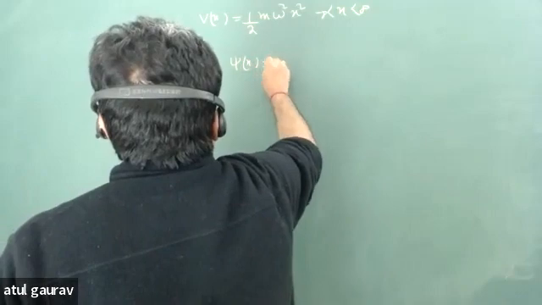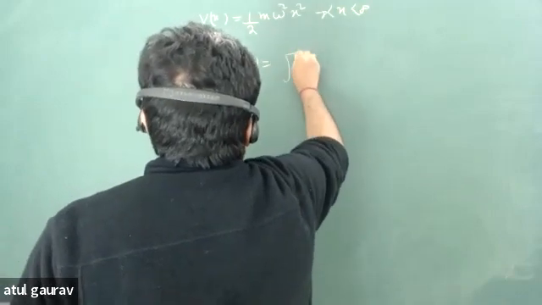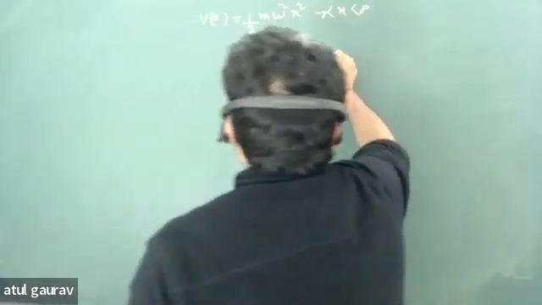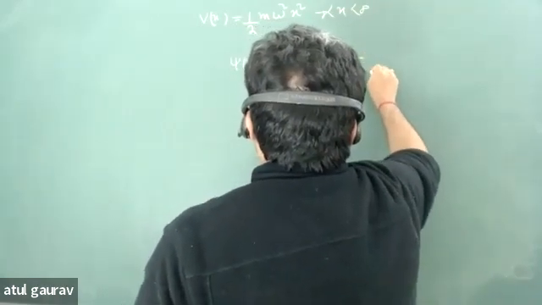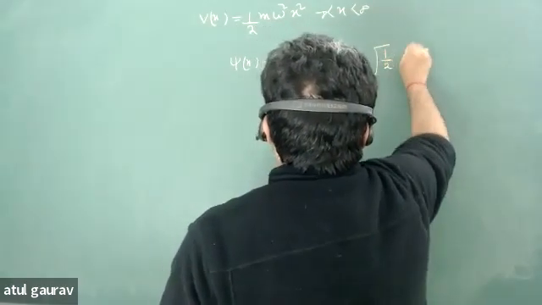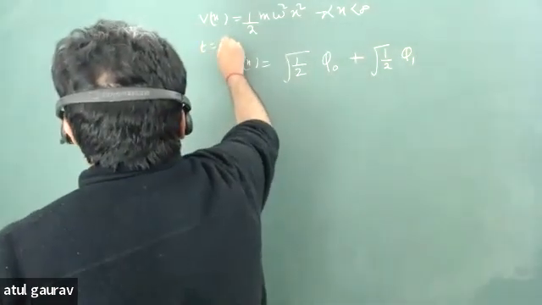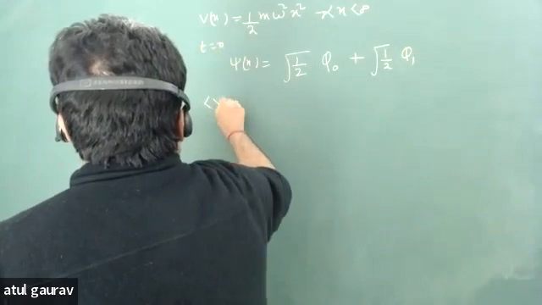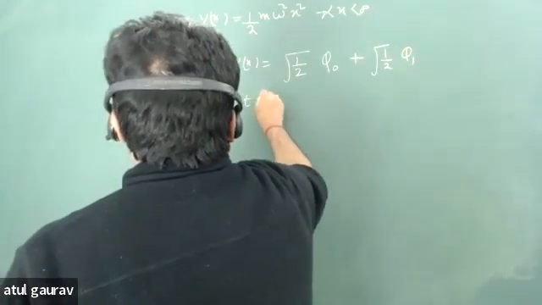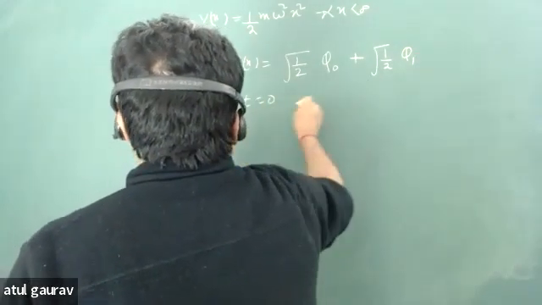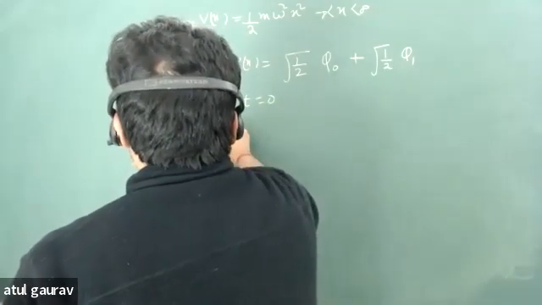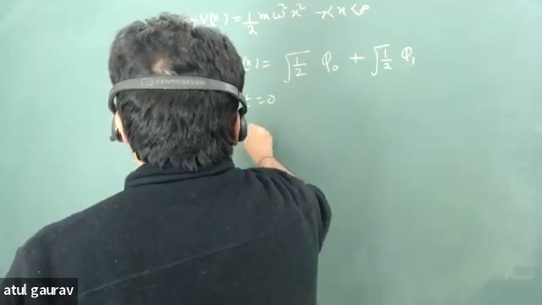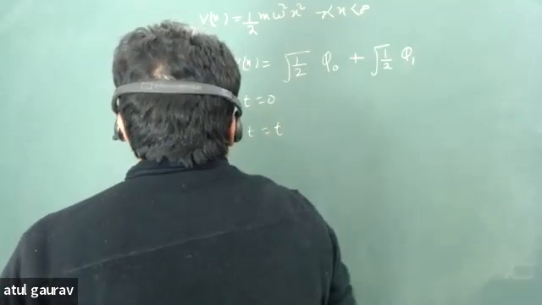Psi(x) is equal to, I'm just keeping the thing simple, 1 by root 2 phi 0 plus 1 by root 2 phi 1. And this is at t is equal to 0. Find the expectation value of x at t is equal to 0 and find the expectation value of x at t is equal to t.